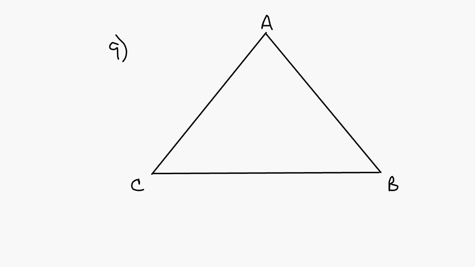Median AM is right here, A to M. So there's D. It says that A to D is x plus 3. And it says that D to M is 2x minus 2.